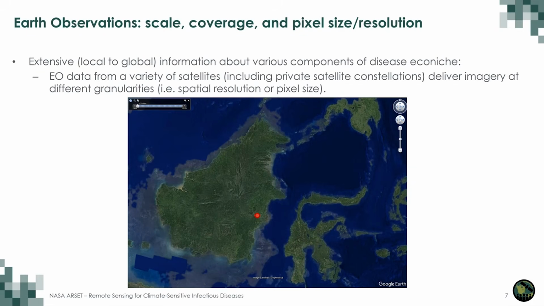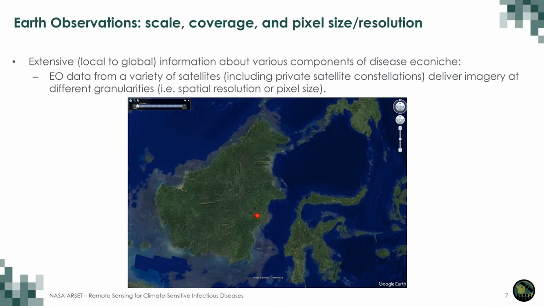Earth observations, as I mentioned, offer an exceptional amount of information and are a data source for this. First and foremost, they provide extensive, meaning from local to global, information about various components of disease eco-niche.